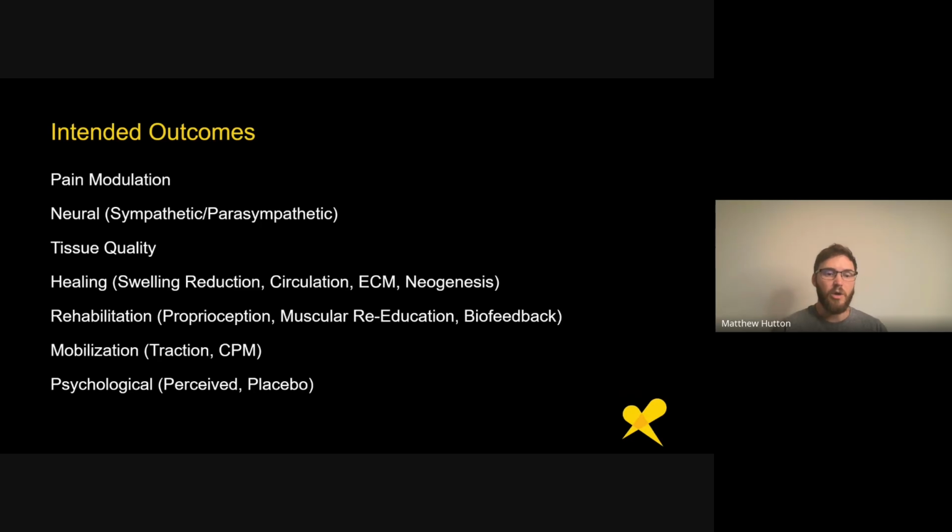Rehab wise, if your goal is rehabilitation and you're trying to create some kind of restoration of movement, there's a balance component, a proprioception component that we can use modalities to facilitate. There's things like VR goggles I've seen used in concussion or ACL rehabs. You're using these different things to promote the body's awareness in space.